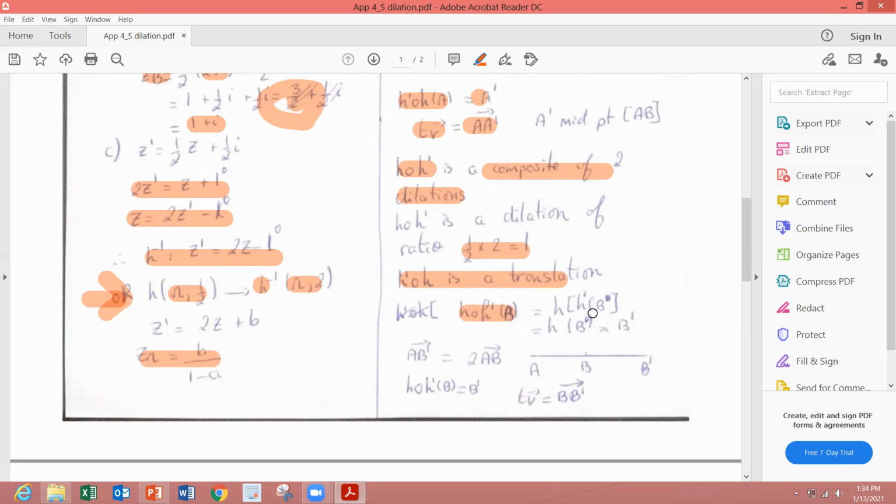Why is H prime of B equal to B? Since B is the center. Now the image of B by H, I call it B prime.